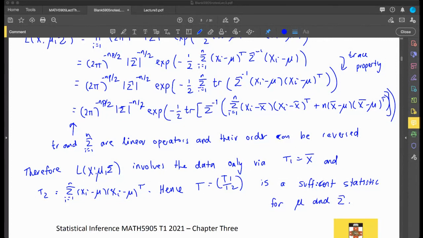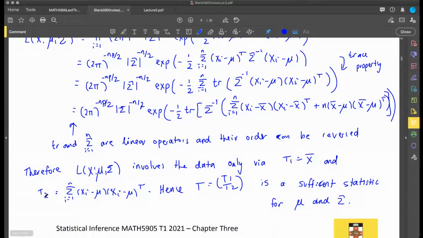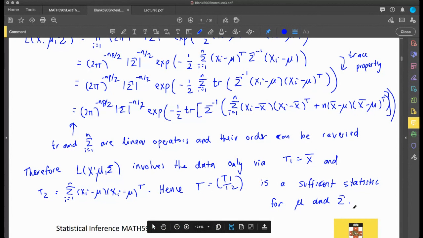Mu is a parameter, it's a fixed number. I still don't know what you're referring to. This says, therefore, the likelihood involves the data only via the statistic T1, which is x bar, and T2, which is this statistic here, the summation from i equals 1 to n of xi minus mu times xi minus mu transpose. Hence, T is a sufficient statistic for mu and sigma.